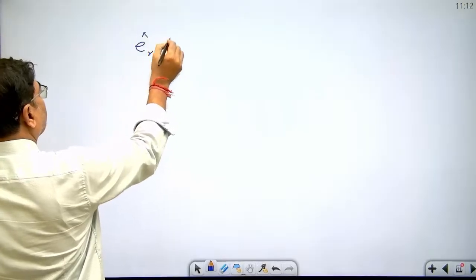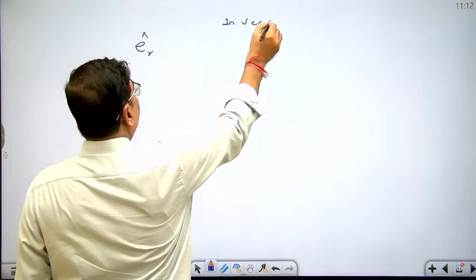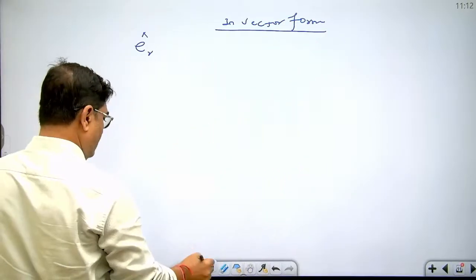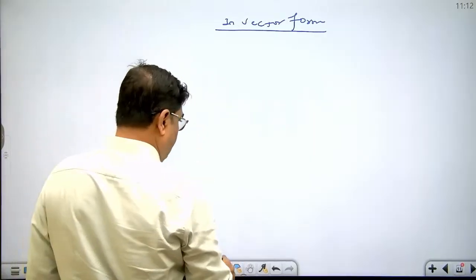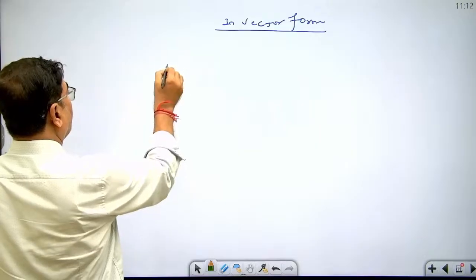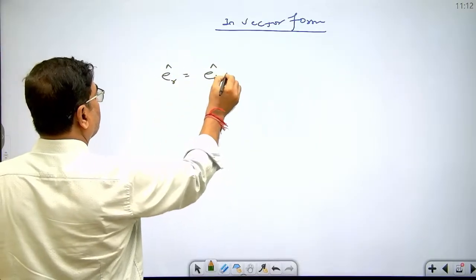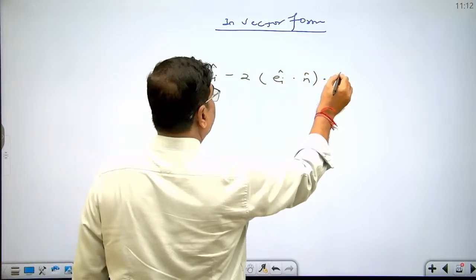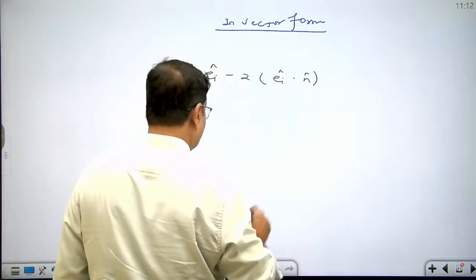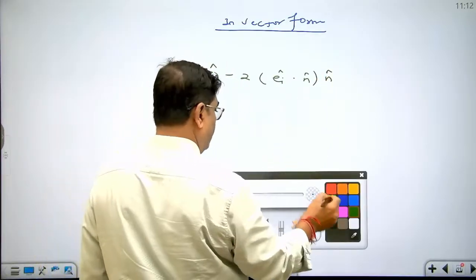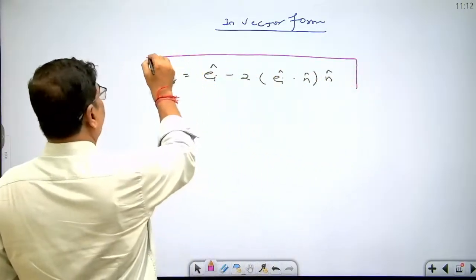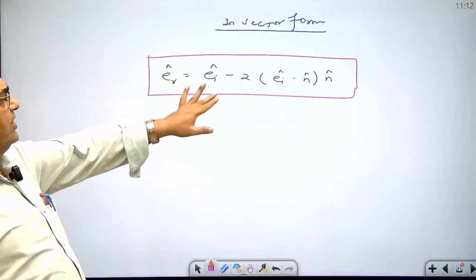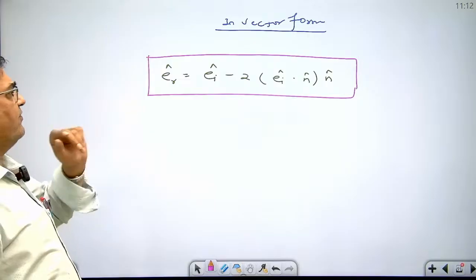This is the law of reflection in vector form: ER cap equals EI cap minus 2 (EI cap dot n cap) n cap.